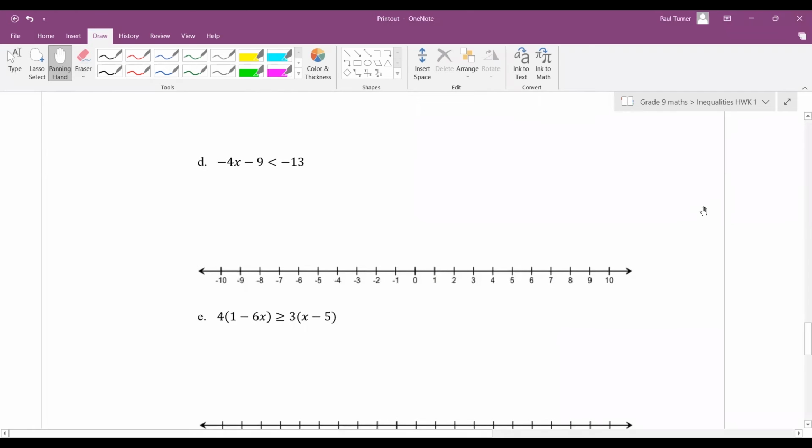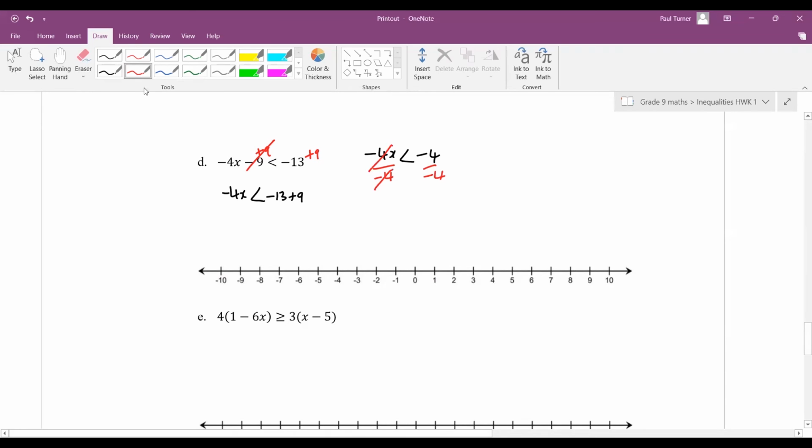In question D, we do the same kind of thing. We've got a -9 here. So we'll add 9 to both sides. So we can cancel that -9 out. So we'll have negative 4x is less than -13 plus 9. So negative 4x is less than, that's going to be -4, isn't it? So now we're going to divide by a negative number, -4.